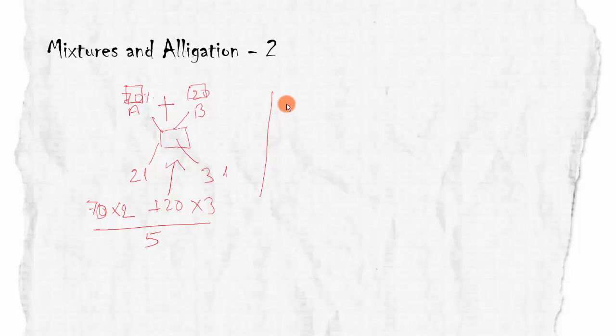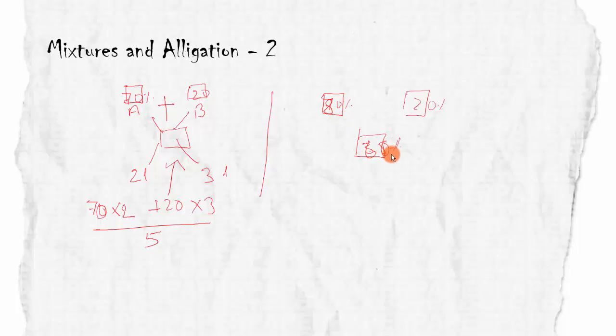Another variation that we had studied in our previous lecture was related to the rule of alligation. In the rule of alligation, we were given concentrations A, B, and C. Say, for the sake of simplicity, 20, 80, and I'll say 60%.